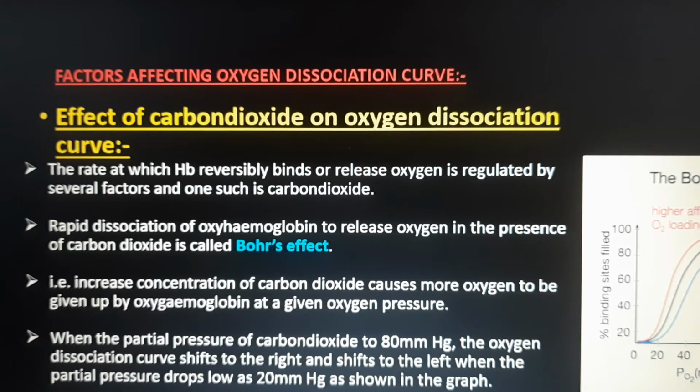When the partial pressure of carbon dioxide rises to 80 mmHg, the oxygen dissociation curve shifts to the right, and shifts to the left when the partial pressure drops as low as 20 mmHg, as shown in the graph. Hence, carbon dioxide lowers the affinity of hemoglobin to oxygen.